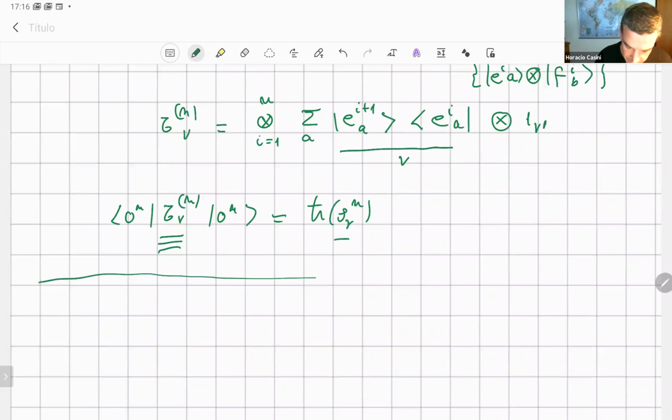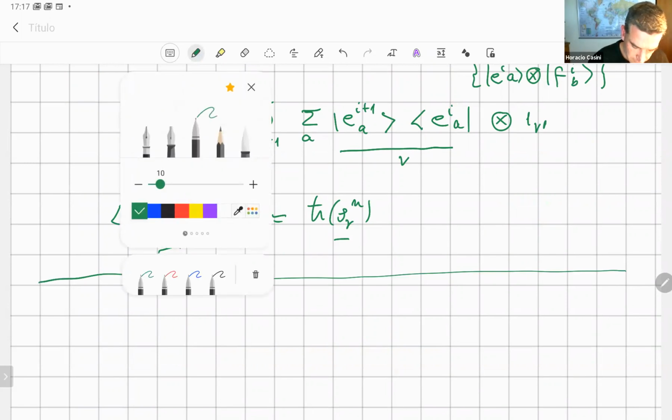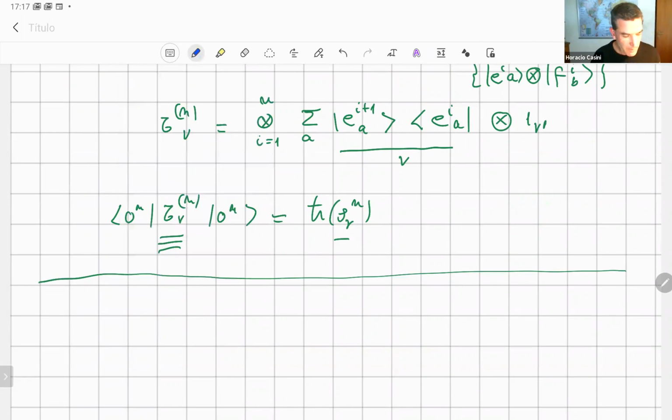Well, I will give you an example of this, the simplest example of calculation of the density matrix in a quantum field theory, which is the case of a Rindler wedge.